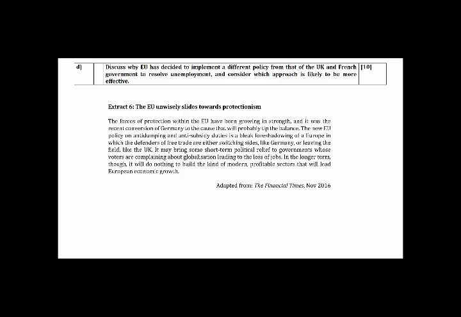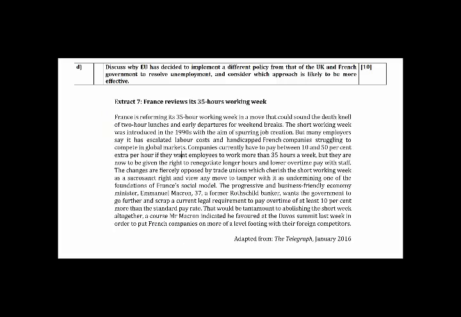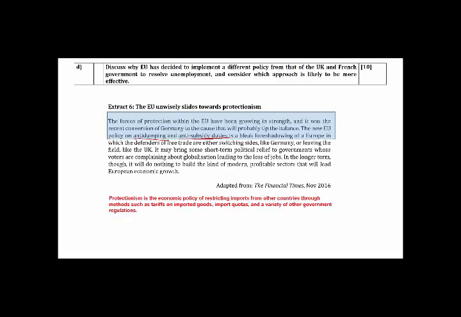If you look clearly at extract 6, they mention something known as protection. And this protection, they talk about anti-dumping and anti-subsidy duties. So what kind of policy is this? This is basically known as protectionism. You will be learning more of this under international trade plus globalization sometime in term 3.